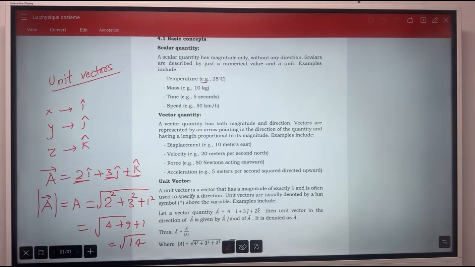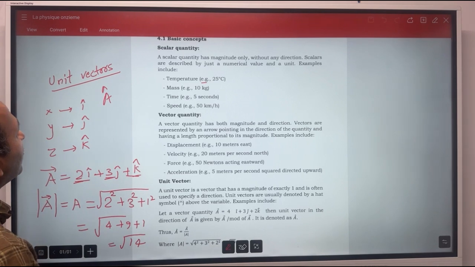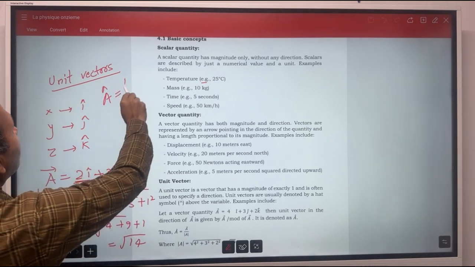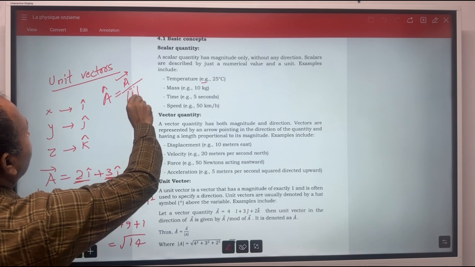Now we can find a unit vector, a vector whose magnitude is 1 but which is in the direction of the given vector. For that we write A cap. A cap means the given vector divided by its modulus.